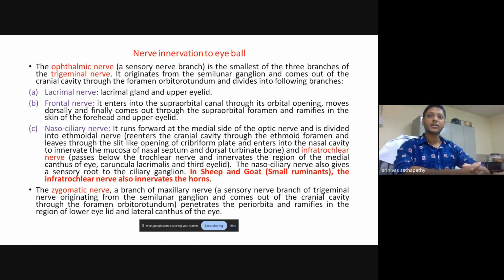The zygomatic nerve is also a branch of the trigeminal. It innervates the lower eyelid and lateral canthus of the eye. So overall, this slide indicates the branches of the trigeminal nerve, the fifth one. The first one I've shown you, the ophthalmic branch, and the last one, the maxillary branch, both come out of the cranial cavity through the foramen orbitorotundum.